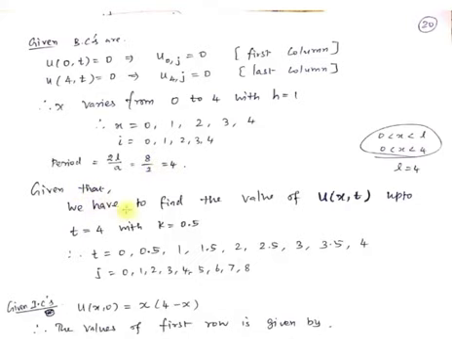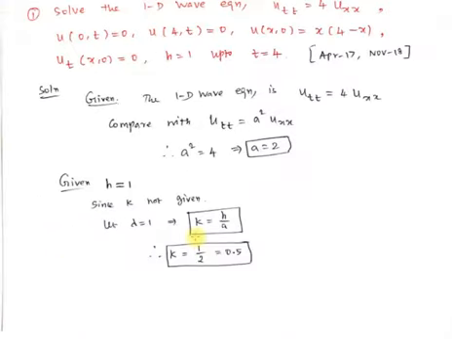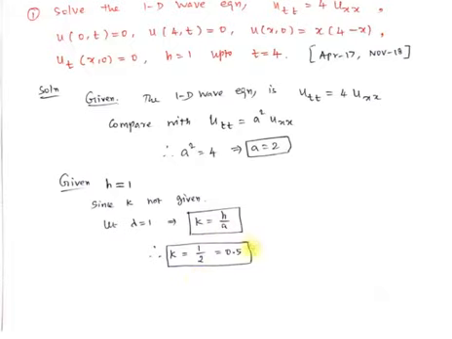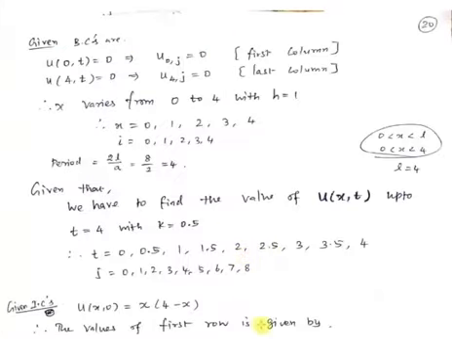Given that we have to find the values of u of x comma t up to t equal to 4, since our question is up to t equal to 4 with k equal to 0.5.